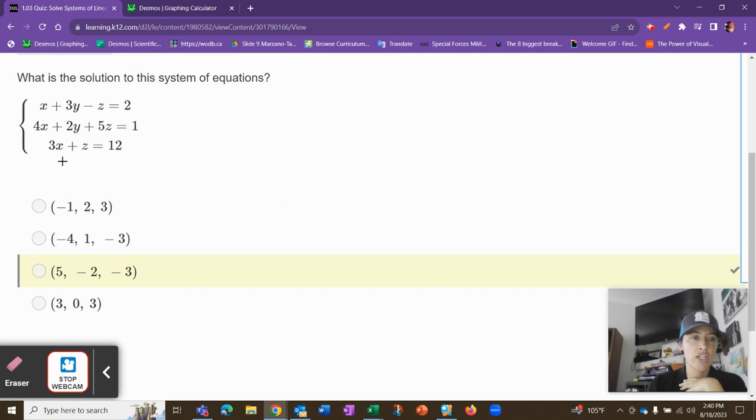They gave us an equation that was already missing a variable. That leaves us the opportunity to use substitution method in a system of 3 equations. So I'm going to solve for Z.